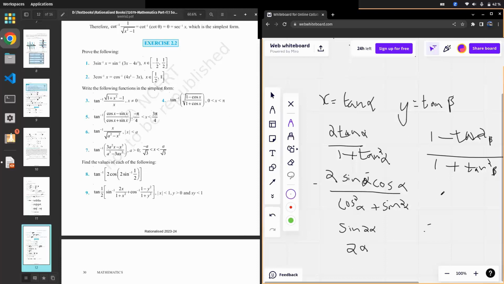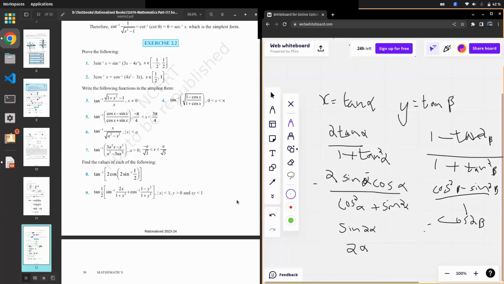Here also, if we multiply and divide by cos square beta, the denominator will again be 1, as we saw before, and the numerator will be cos square beta minus sine square beta. This is equal to cos 2 beta.